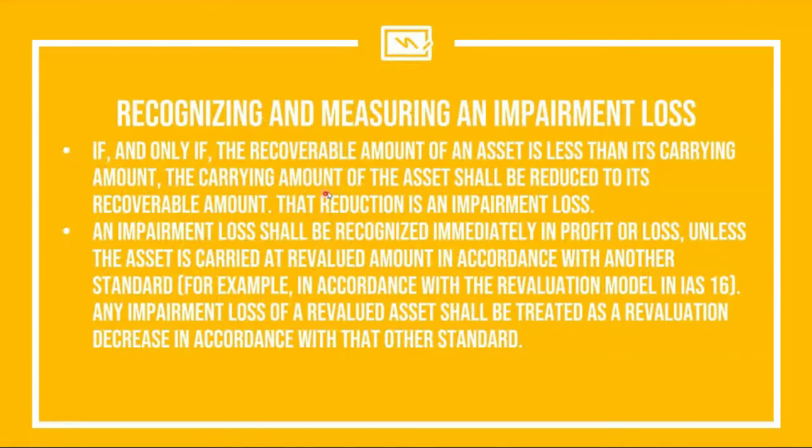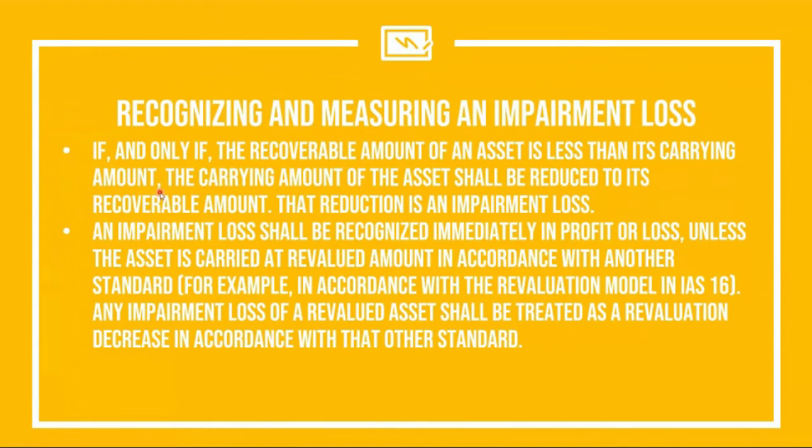Okay? So with that, we already know the carrying amount because the carrying amount is already reflected in the FS. Number 2, you already know the recoverable amount because the recoverable amount is the higher between the fair value less cost to sell and the value in use. So with that, we can now recognize and measure the impairment loss.